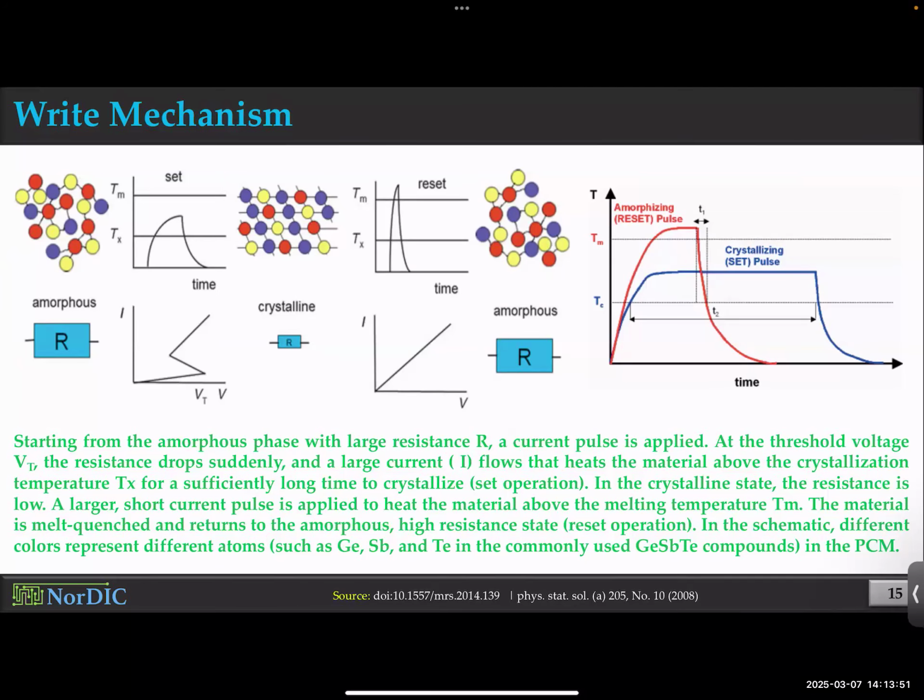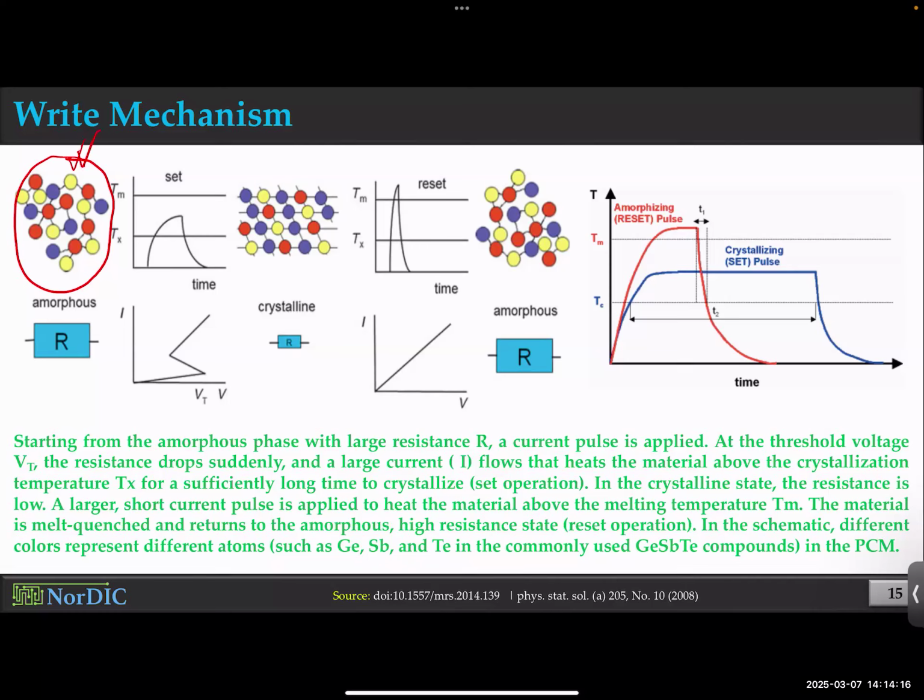Okay, are you ready to pay attention to this? I know it's a busy slide, but hopefully if we pay attention, we'll get through this together. Okay, so just look at this structure. There are 3 colors. Why? Because they represent GST, germanium, antimony, telluride. 3 different atoms. Do you think this diagram looks like a single crystal or amorphous?